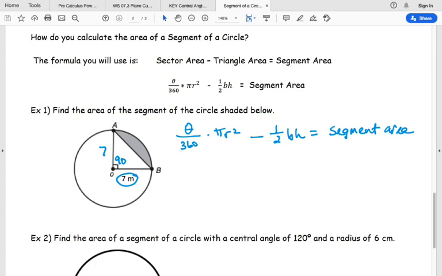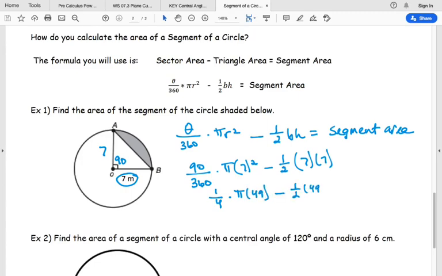Okay, so theta is 90 in this picture, divided by 360 times pi, my radius is 7, minus 1/2. Now this is a nice right triangle, so we've already got the base and the height. So when you multiply this out, this simplifies to be 1/4 times pi times 49 minus 1/2 times 49.